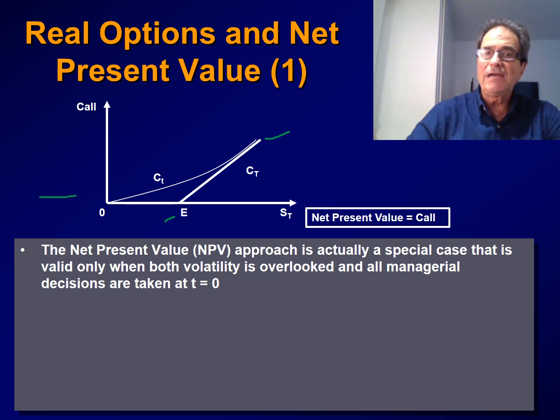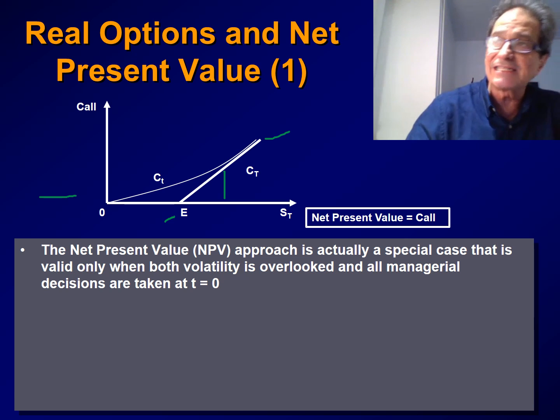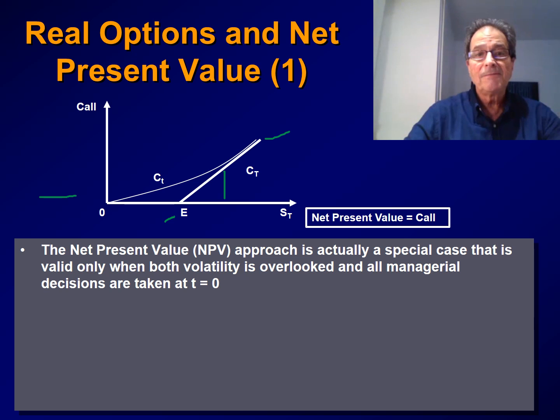If the present value of the project is larger than the value of the investment, you invest and you have this positive cash flow. If the value of the project is less than the investment, in this case E, then you do not develop and your cash flow is zero. So you see that it is exactly the same that we had with the call at maturity.